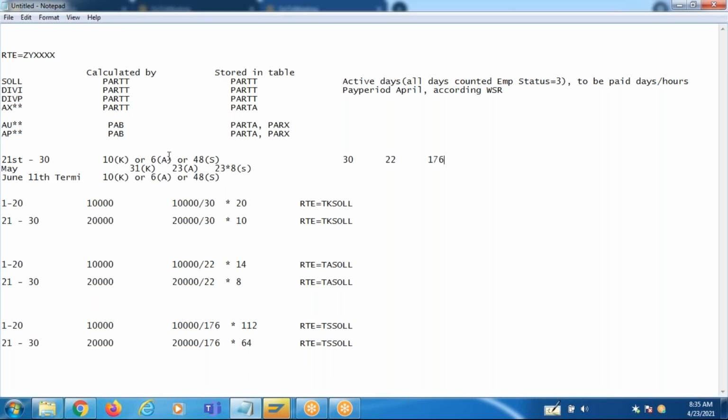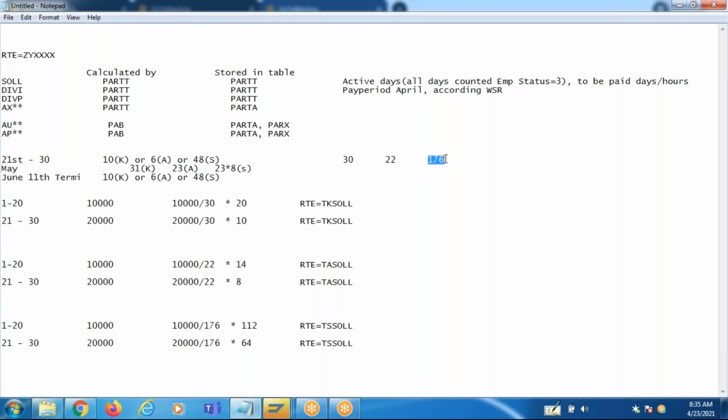Perfect. So even though the employee joined on the 21st of April, we are not checking his joining date. We are checking his pay period first. In the control record, it is April. In April, according to the work schedule, how many calendar days, working days and working hours are there?